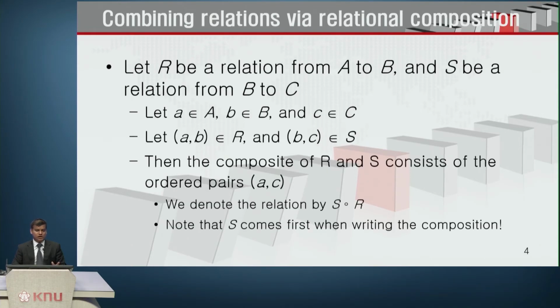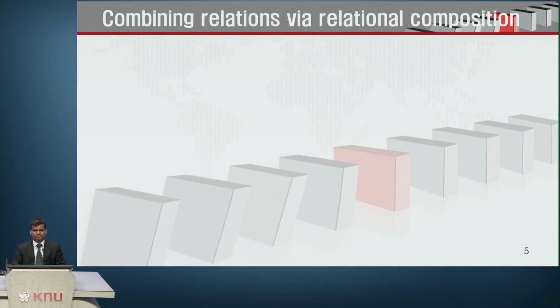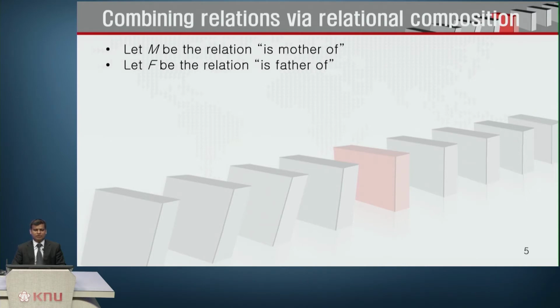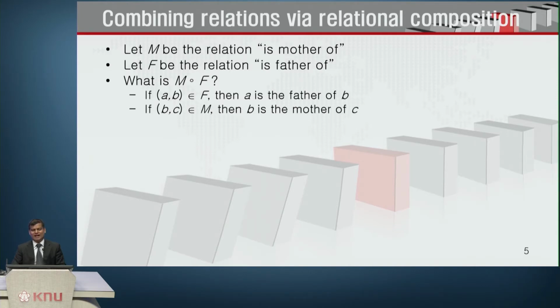If you recall the functions that we have dealt with, you know the properties of composition. Again, let M be the relation "is mother of" and F be the relation "is father of". What is M composition of F? If (a, b) is an element of F, then a is the father of b, and if (b, c) is an element of M, then b is the mother of c.